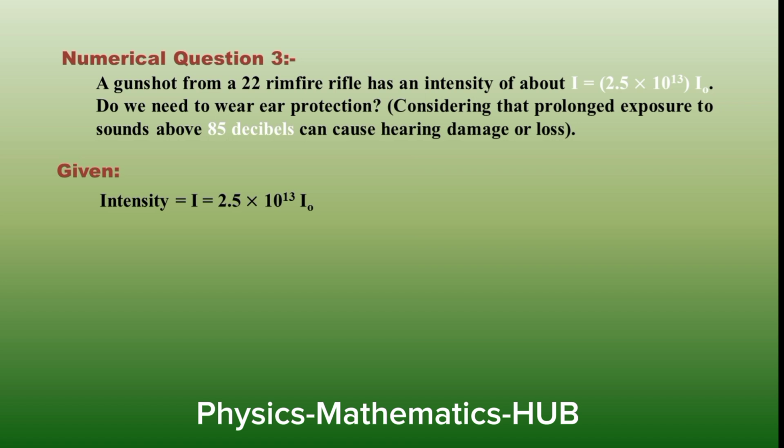It is usually defined as I naught is equal to 10 to the power minus 12 watt per meter square. This value is a reference level to compare other sounds and measure their intensity in decibels.